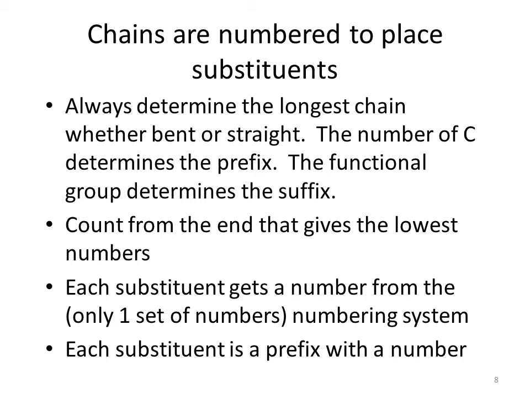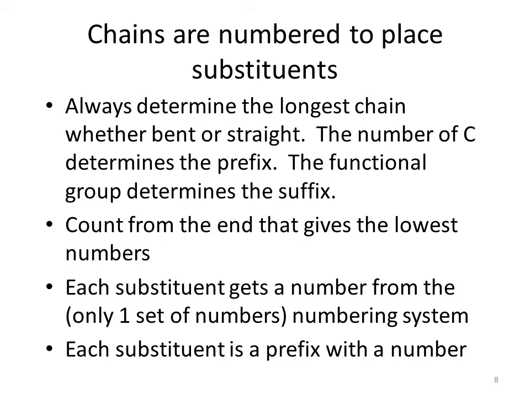And then we end the prefix with the suffix that tells us what group it's in. The alkanes have no functional groups. They're all carbon-carbon single bonds with hydrogens, and so we end all of those compounds with the ending -ane.